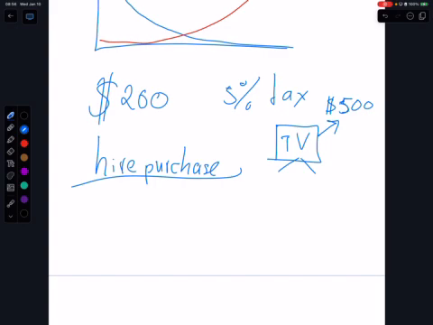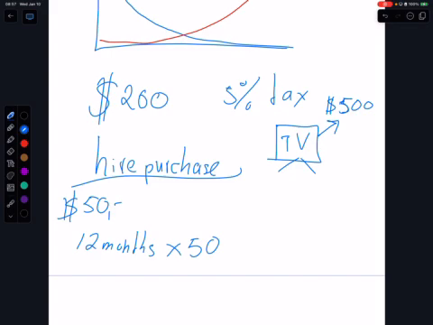So you have a down payment. You pay, for example, $50, and then for the next 12 months, 24 months, it depends on the exercise, you have to pay let's say $50 as well.